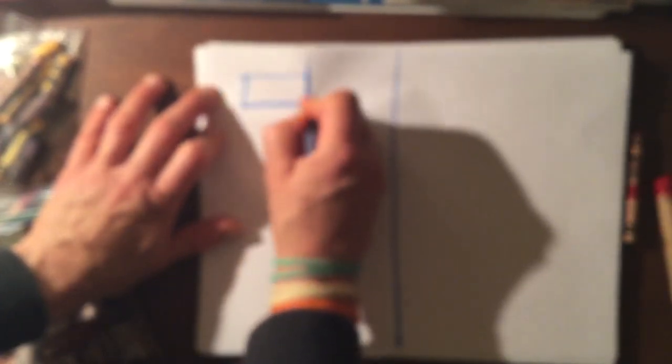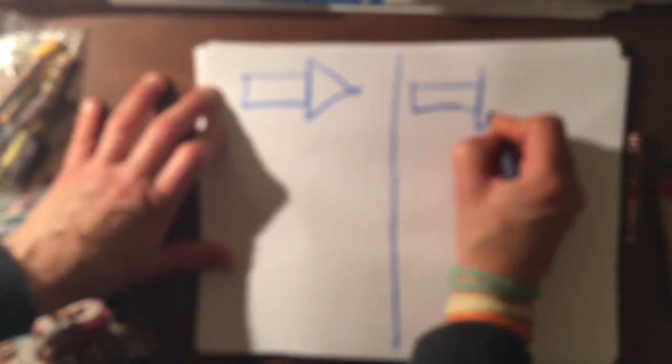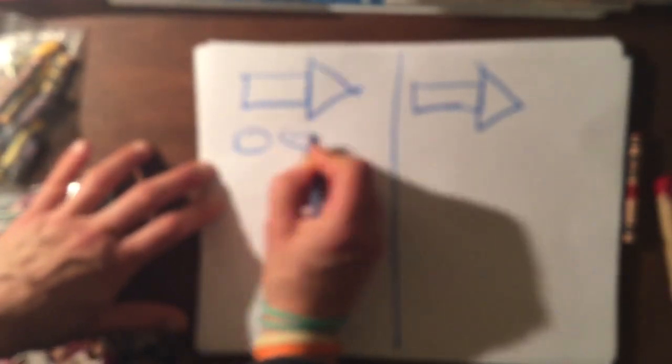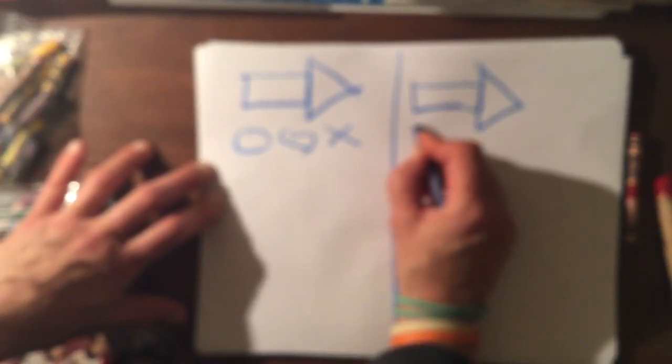So for regular symmetry, if I draw an arrow here, I draw an arrow here. If I draw a pattern, circle, heart, X, I'm going to have to draw the same pattern here.